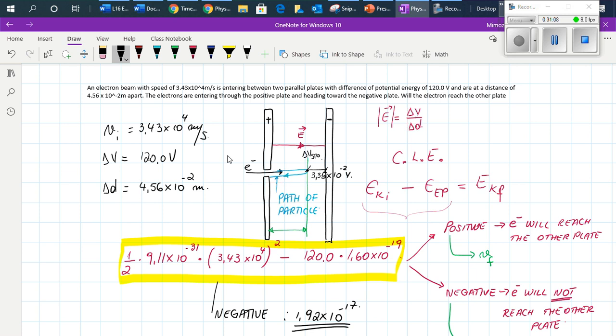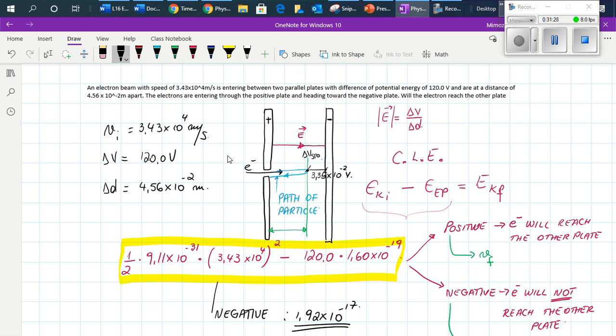Why are we doing it from the negative? Because the voltage gradually increases from negative toward the positive until it reaches the difference of voltage between the two plates.